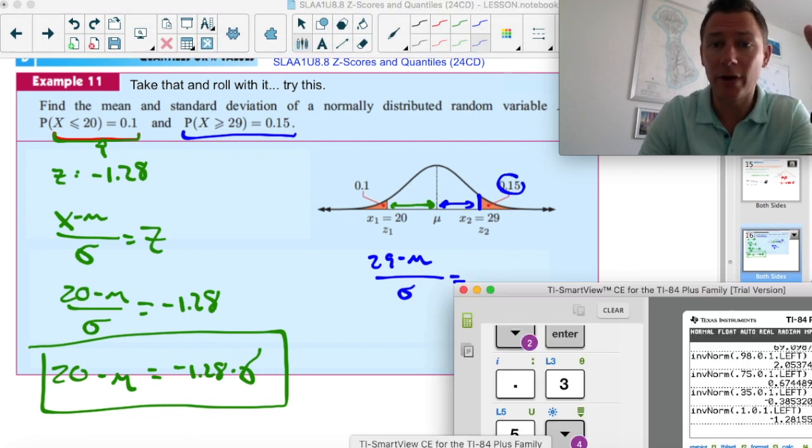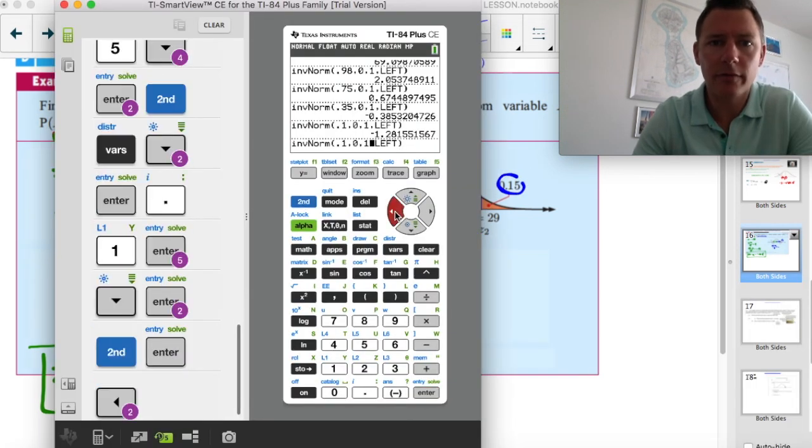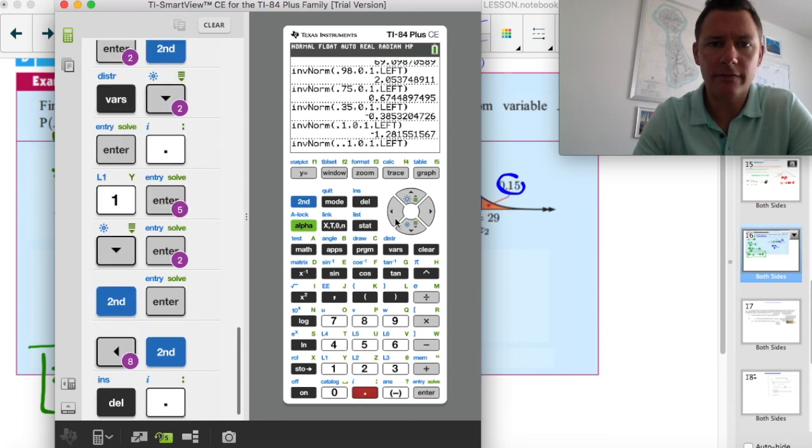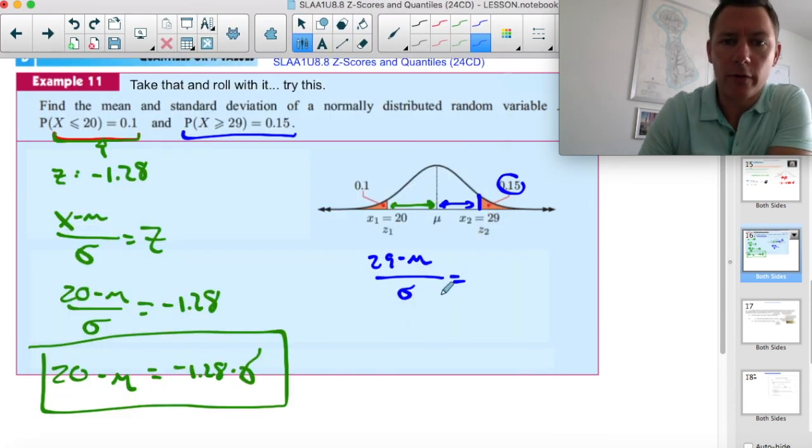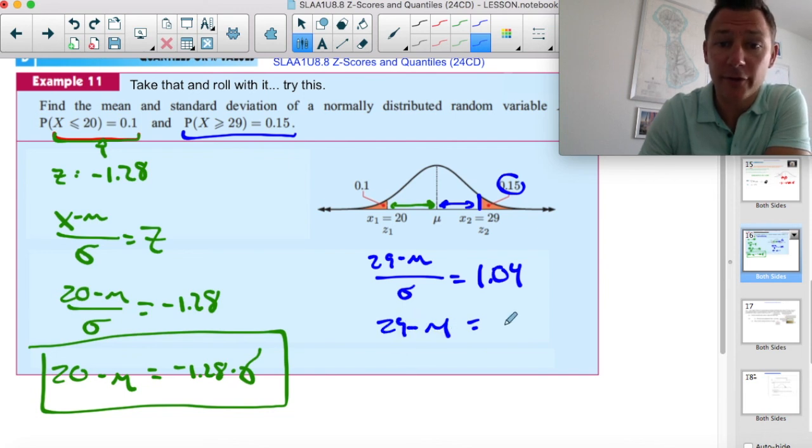I've got to use 0.85. You guys are comfortable with this already. 0.85. 1.04, I'm going to call that. Another way to think about it is the distance between 29 and our average. The difference is almost one whole standard deviation.